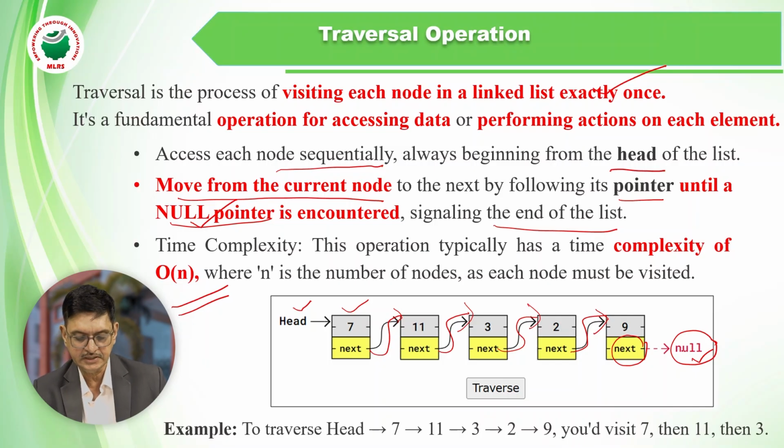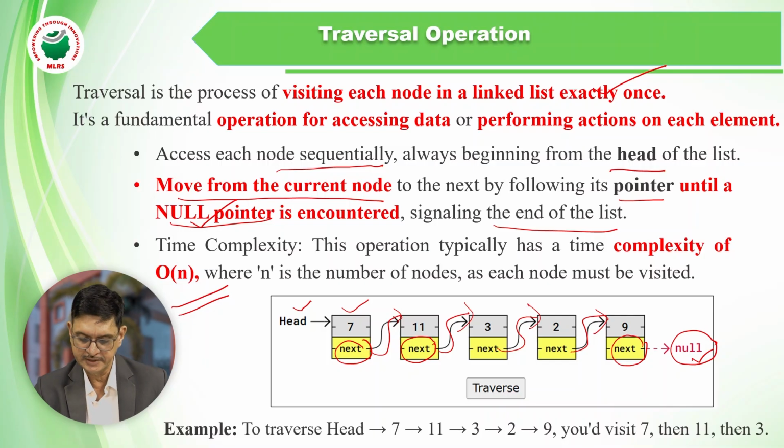Every node contains a pointer variable that indicates the next element. This is the traversal from the first node to the last node, or to the required element in the given linked list. For example, in the previous case, all those data elements, the 7, 11, 3, 2, 9, are organized in the manner of nodes.